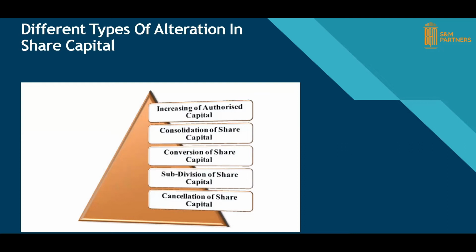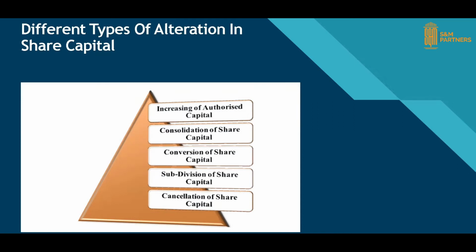Authorized share capital means the registered capital at the incorporation time. The company must have kept some amount of capital as the registration capital. That capital, which we also call the nominal capital, is the authorized share capital, which was placed at the time of incorporation of the company.